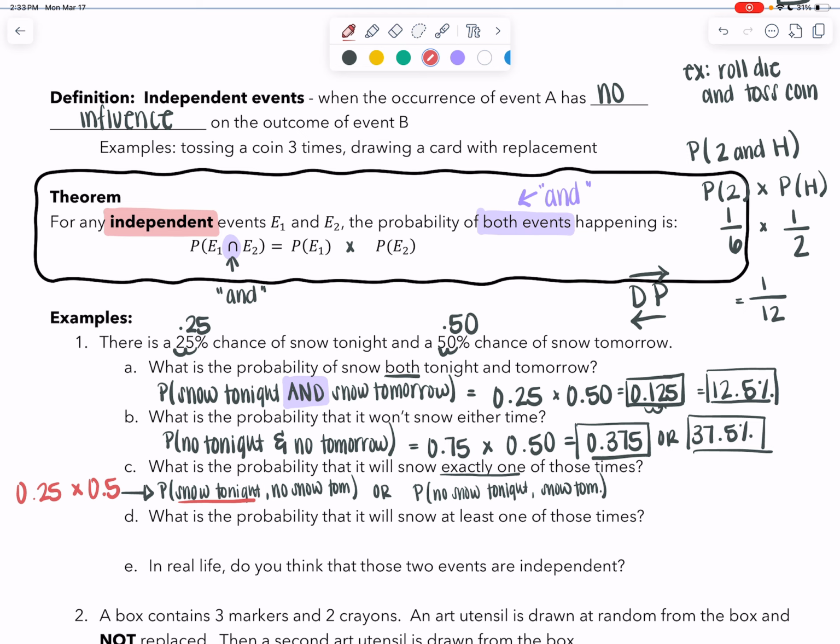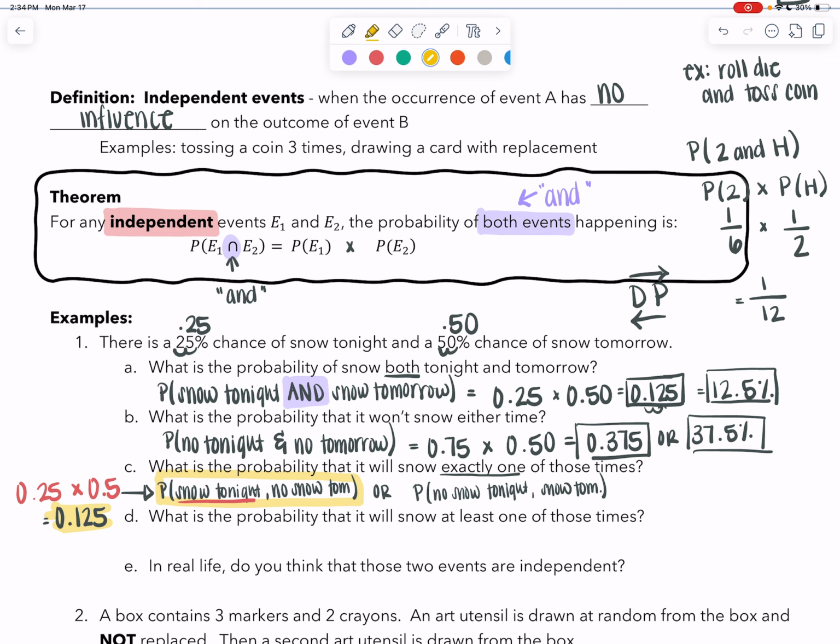All right, that's that one. So for that part, I've got 0.125. Okay, now that's just that part. That's only one scenario.